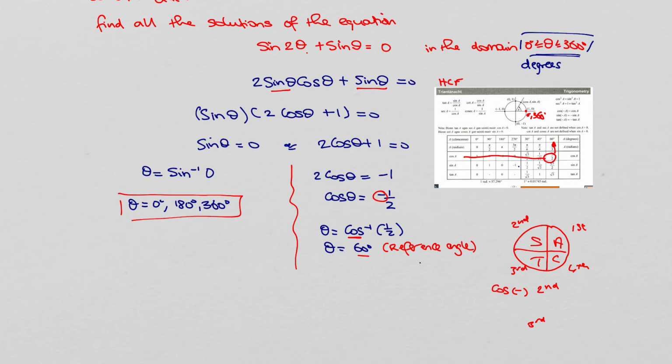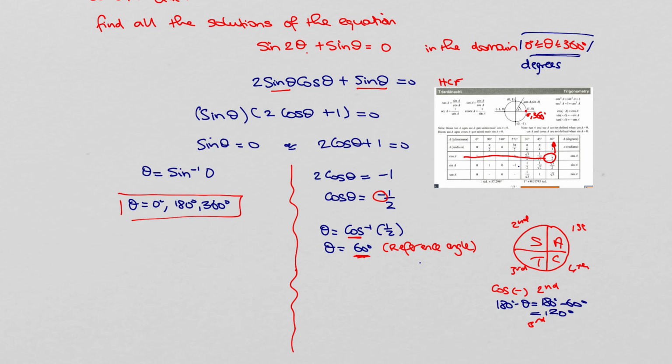So even though I've gotten 60 degrees here, this isn't actually one of my answers. It is only my reference angle. I'm referring to my unit circle and applying the rules for each quadrant using this 60 degrees. So my second quadrant rule is that it must be 180 minus theta. The reference angle is 60, so 180 minus 60 is 120 degrees.